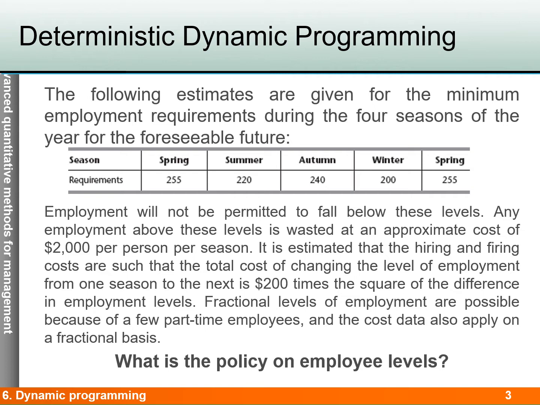it means that it's an additional cost of 10 multiplied by 2,000. Okay, so it is estimated that the hiring and firing costs are such that the total cost of changing the level of employment from one season to the next is 200 times the square of the difference in employment levels.